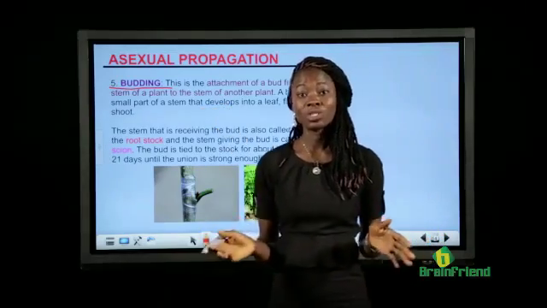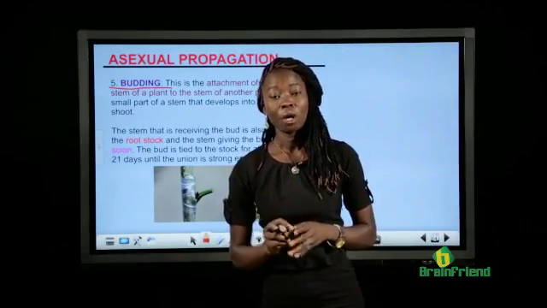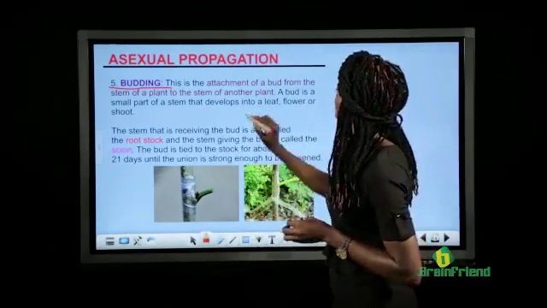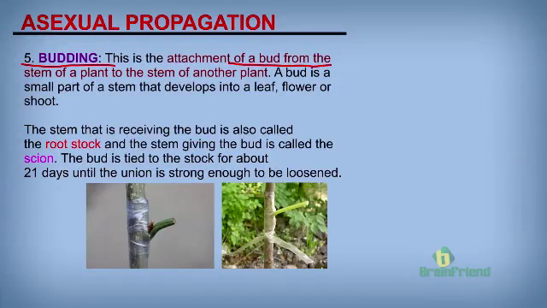Budding is similar to grafting, but in budding, it is only the bud of a stem that is attached to the stem of another plant. A bud is a small part found in the stems of plants that develops into a leaf, a flower, or another shoot.